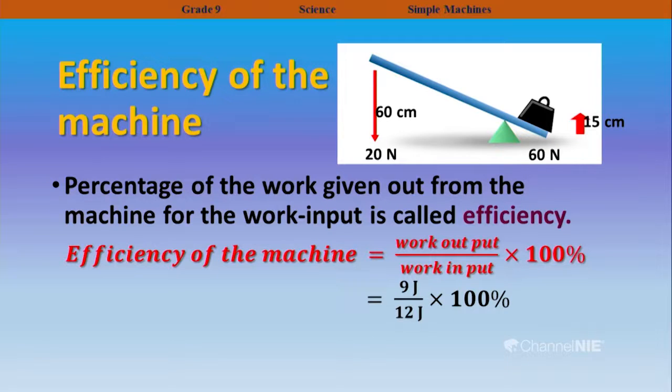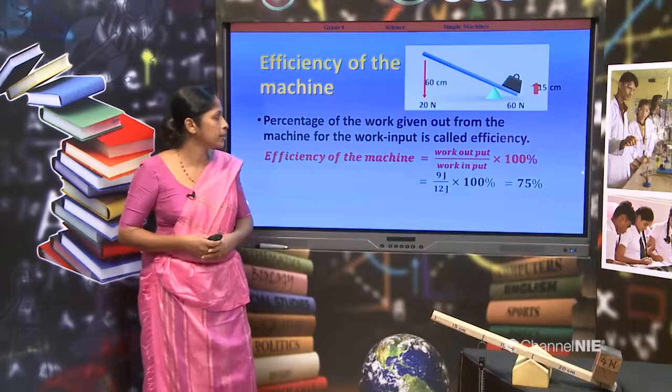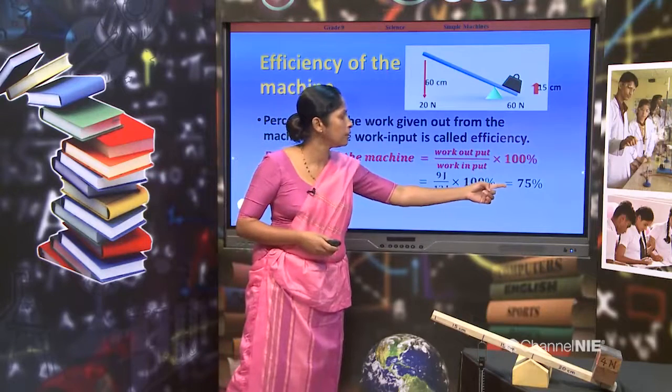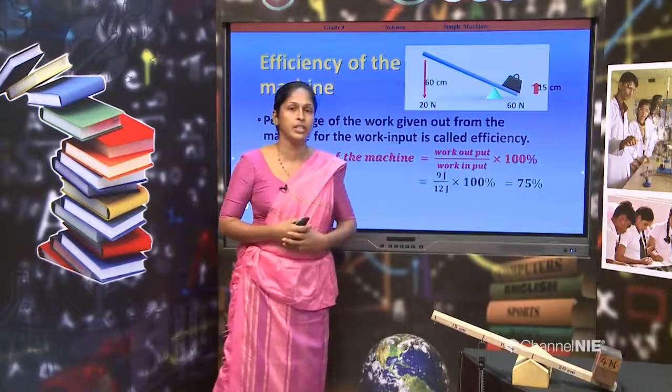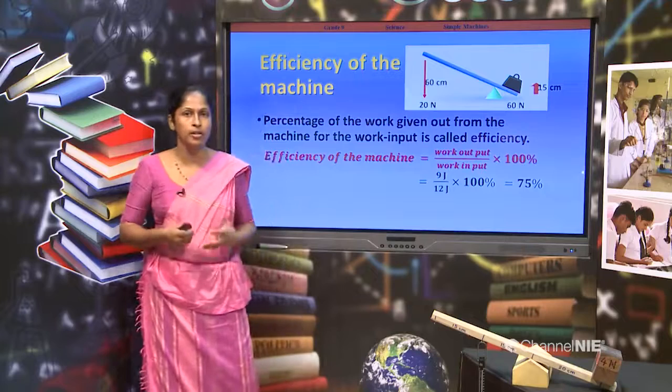Earlier we calculated work output, that was 9 joules, and work input is 12 joules. As a percentage we will get 75%. You will think, why this machine can't increase its efficiency to 100?